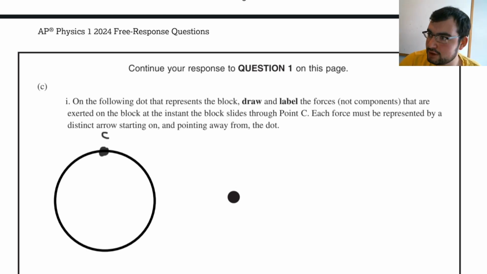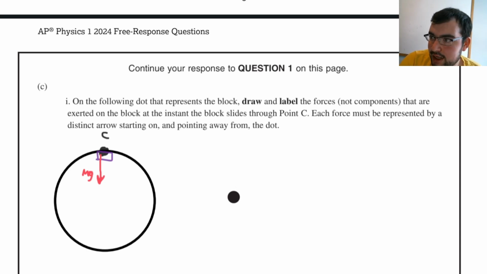Not that it matters which loop-de-loop it is, I guess, but so we're sort of fully upside down here. So first, of course, we have a gravitational force, mg, straight down. But then also, we are in contact with a loop. So it says it slides through the loop.